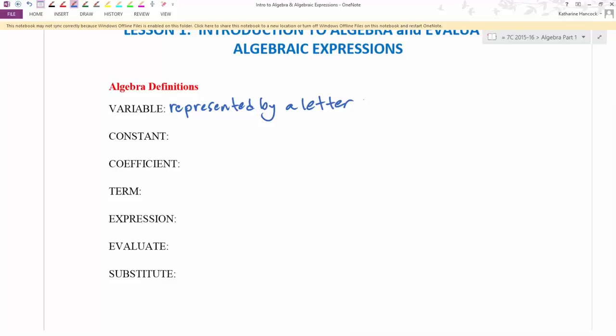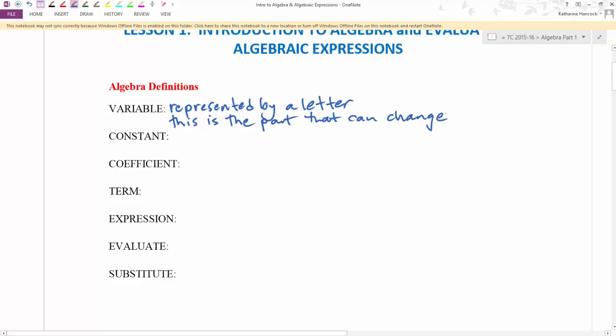Sometimes the letter X might be 2, sometimes it might be 5, but the variable is the part that can change. And don't worry if it's taking you a while to write this down. You guys can pause after you get all the definitions up on the screen.